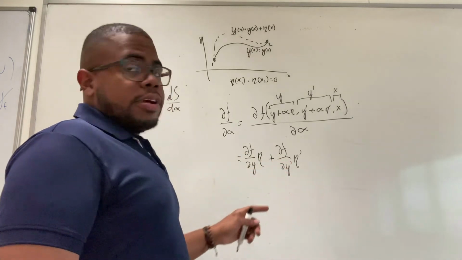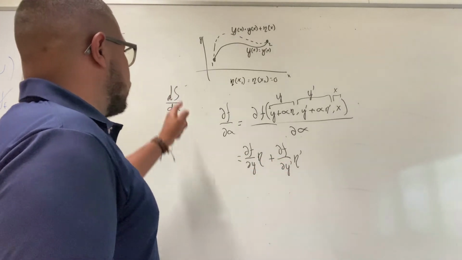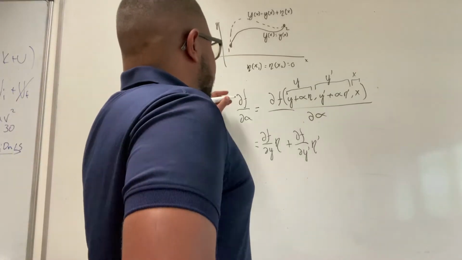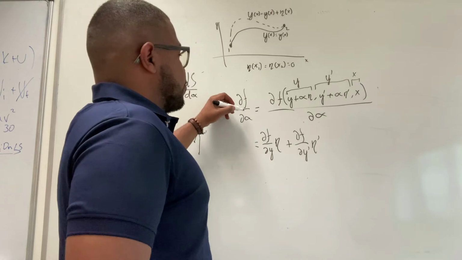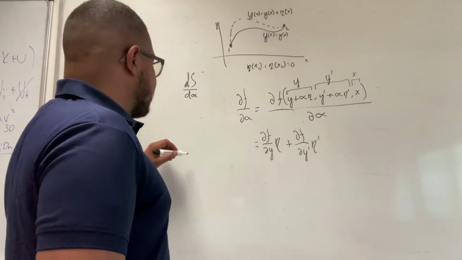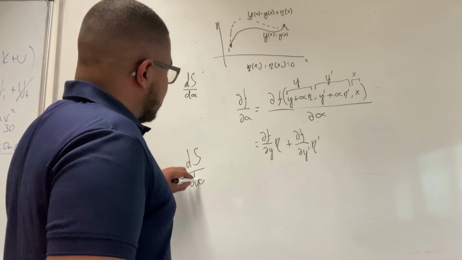These two terms can help us, as we can now substitute them into our expression for ds with respect to d alpha. Finding an expression for the partial derivative of f over alpha is perfect, because that is exactly what's happening when we take ds with respect to d alpha.